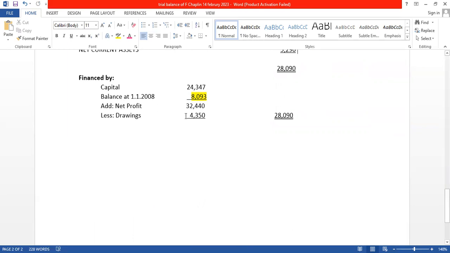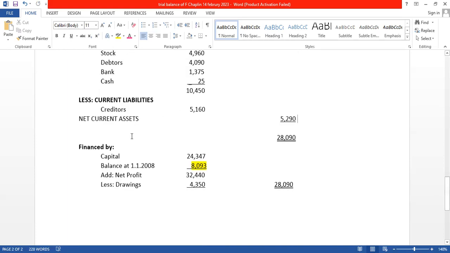Now I want us to be able to subtract the drawings from this figure to see if we'll be able to get back that $28,090 that we got in the first half of the activity. So take your calculator and subtract $4,350 from $32,440.